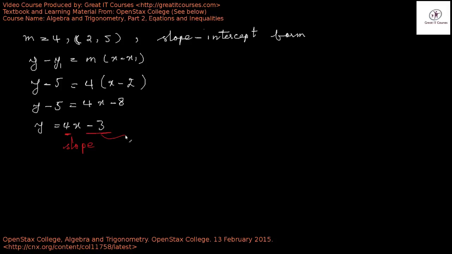This minus 3 is basically the y-intercept of the line. That means that your line cuts the y-axis at the point minus 3 on the y-axis.